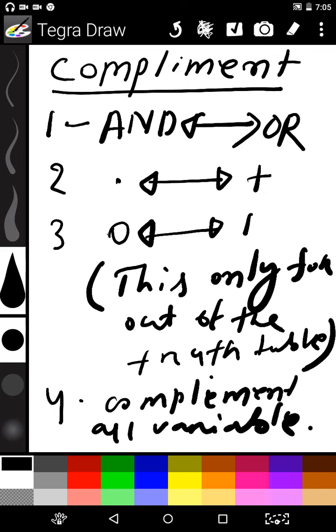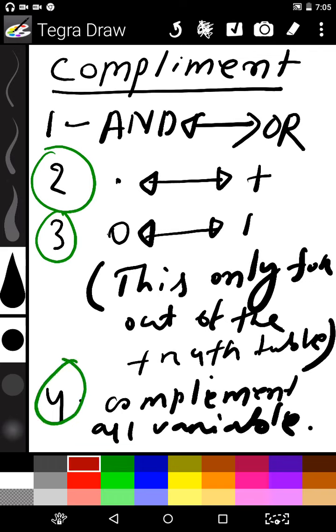Here the difference between dual expression and complement expression is in the third step and the fourth step. In the third step, in the case of dual, we do 0 to 1 or 1 to 0 for both the input and the output.